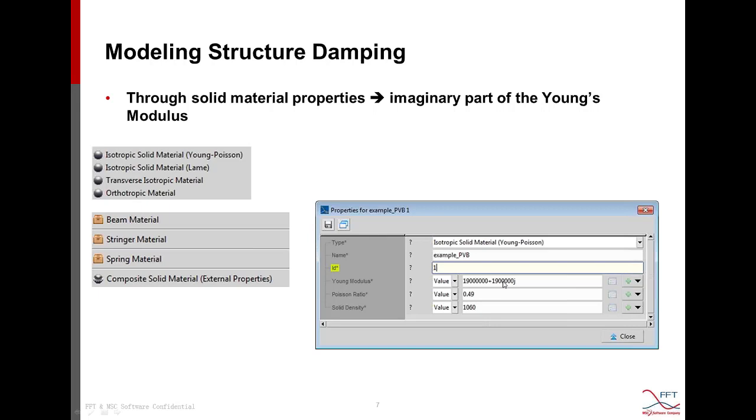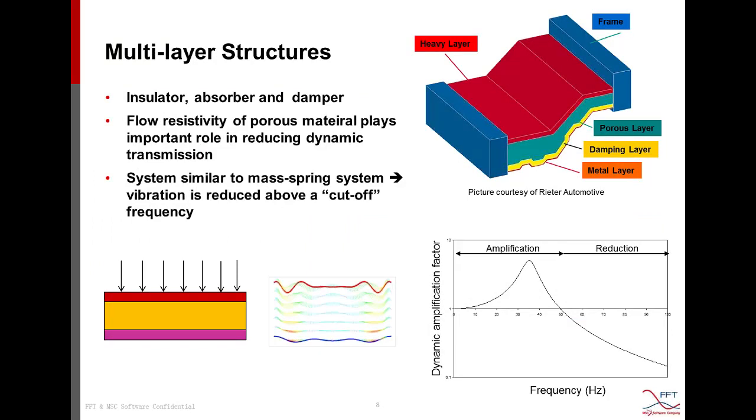So similarly to the modeling of the speed of sound in fluid material, here the imaginary part of the Young modulus also represents a damping behavior. Okay, so we have seen the mechanism of absorption, the mechanism of insulation, and the mechanism of damping.